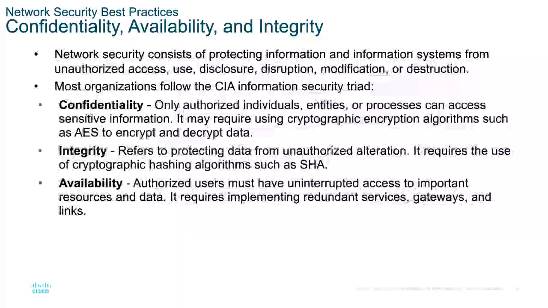So confidentiality means only authorized people, individuals, processes can gain access to the information. Integrity is the way we protect the data from alteration, and availability means the information is available to authorized users as and when they need it.